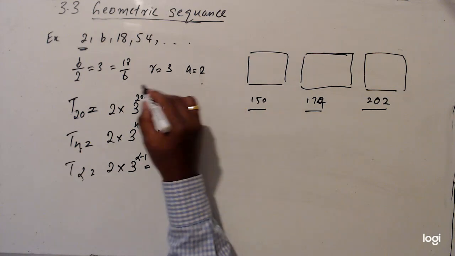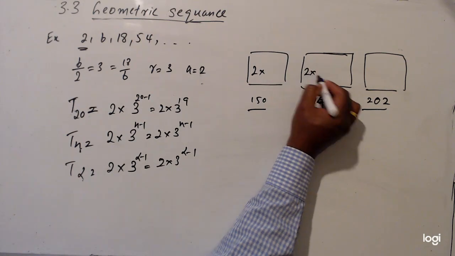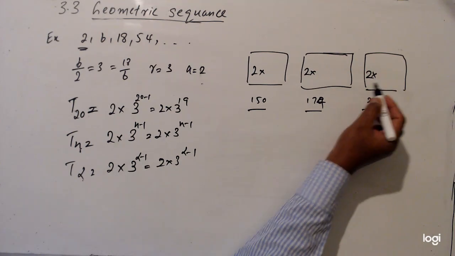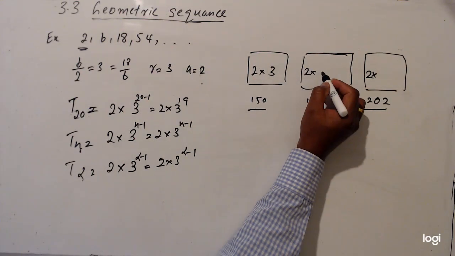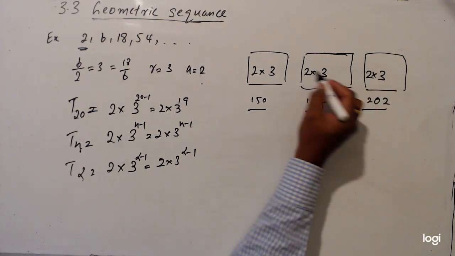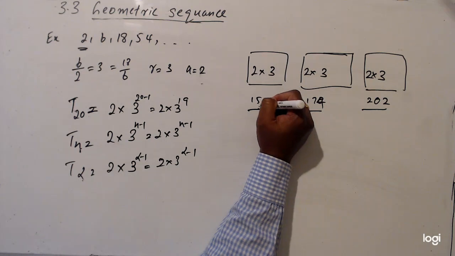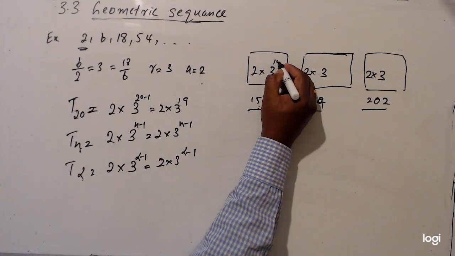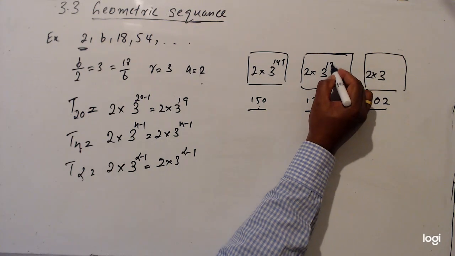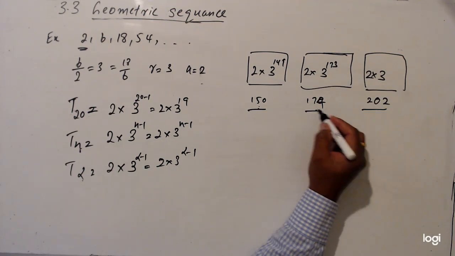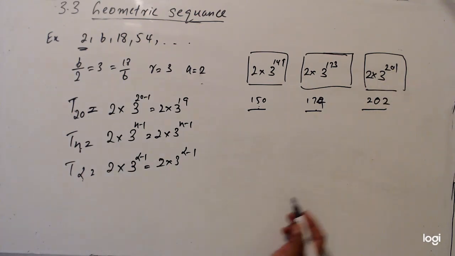So we need the first term, always 2. We need the common ratio, that is 3. And now we have to decide the power. Power is 1 less than 150, 150 minus 1, 149. 174 minus 1, 173. And 202 minus 1, 201.